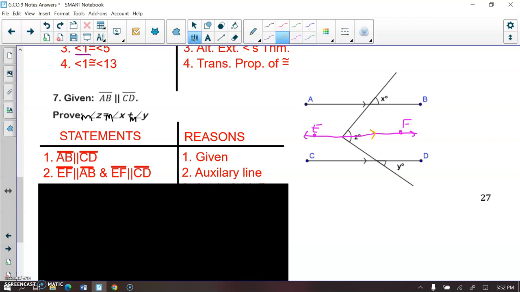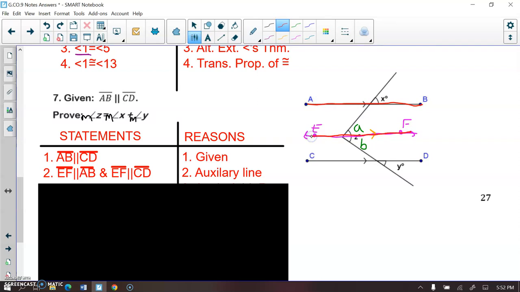Now you can add variables. You don't have to name or say that you added variables. I'm splitting angle Z up into angle A and angle B. You could use different variables to help you. But if I look at these two parallel lines here, let me outline them.